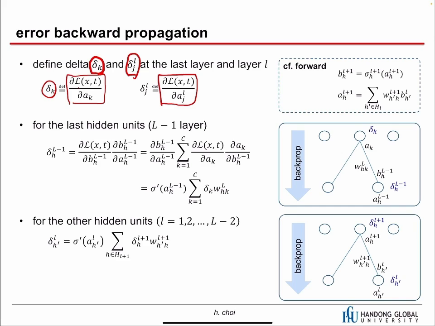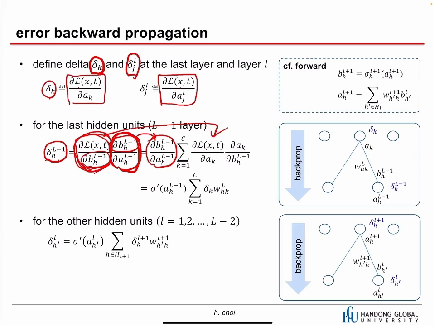And for the last hidden unit, which means at layer L-1, right before this last layer, this one is the derivative of this loss function with respect to a sub j L, and we use the chain rule. So we take a derivative here and then we have the same term here. We take a derivative of b with respect to a, and this term is here. The first term will be decomposed into this summation.